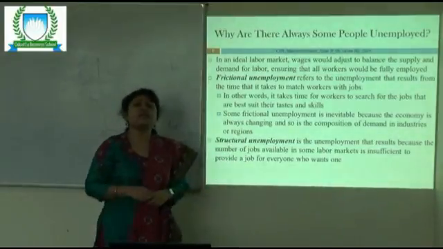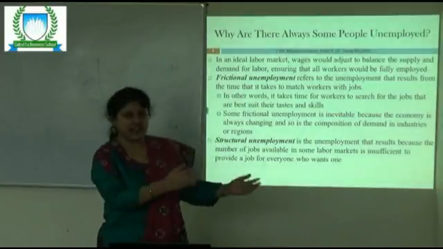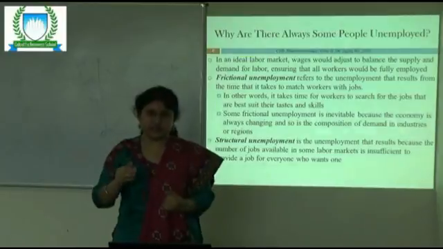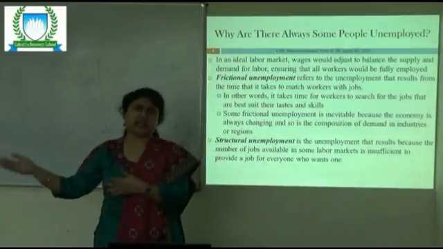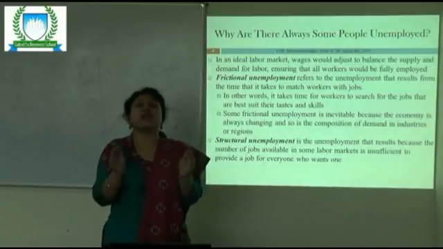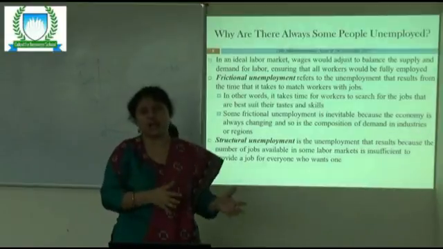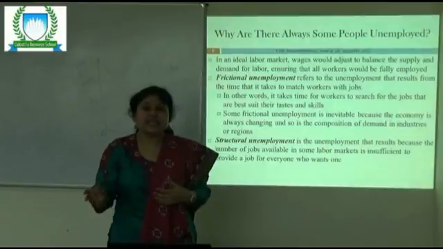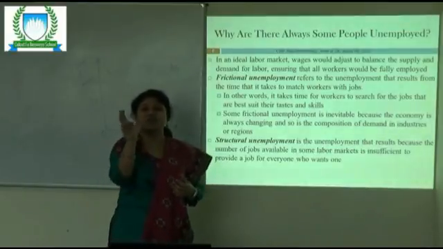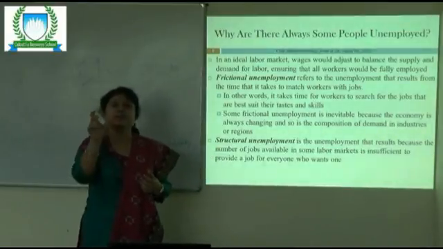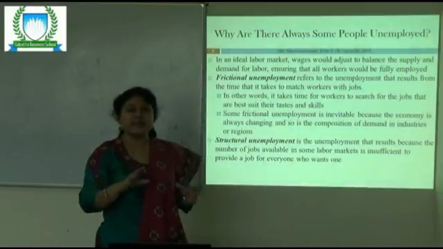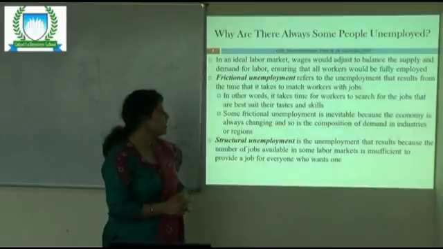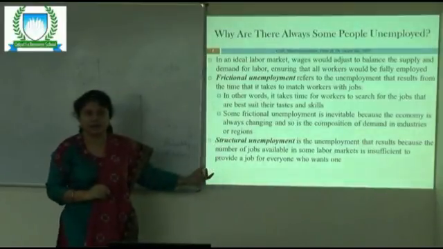That means for every job, be it an agricultural work, or an executive director, or an assistant professor, everywhere we see there is excess supply of labor than what is demanded in the market. That's why we always find some people remaining unemployed, and that depends upon the structural composition of the country. That's why it is called structural unemployment.